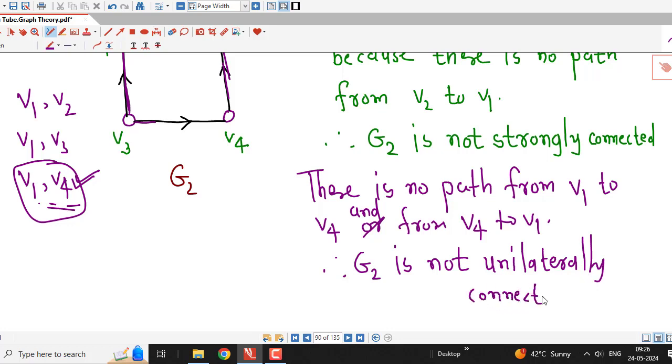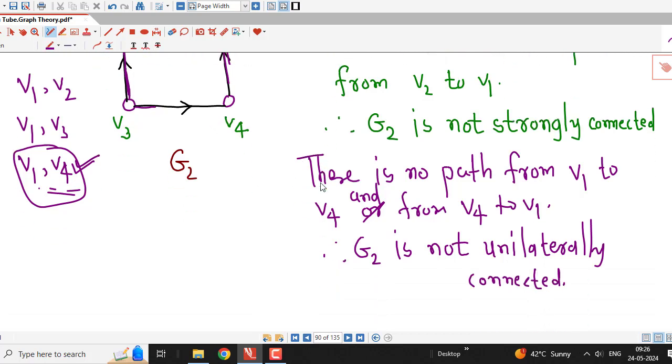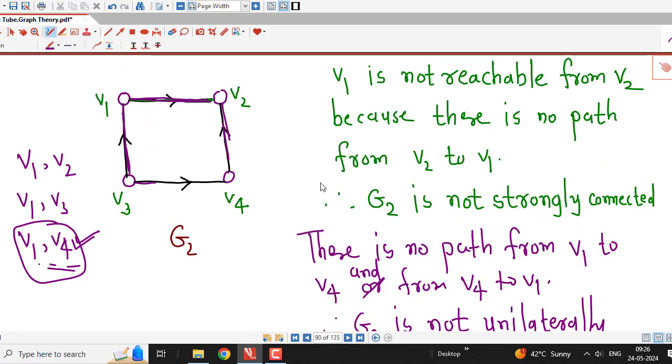G2 is not unilaterally connected because we have obtained one pair in which neither node is reachable from the other. We can see that from V4 it is not possible to find a path up to V1, and from V1 also we cannot go along a path to V4. Therefore G2 is not unilaterally connected.